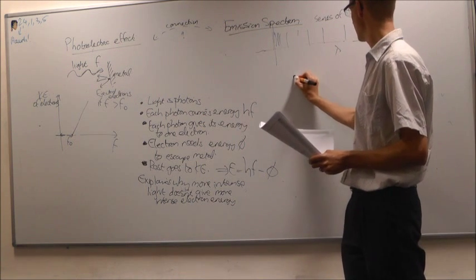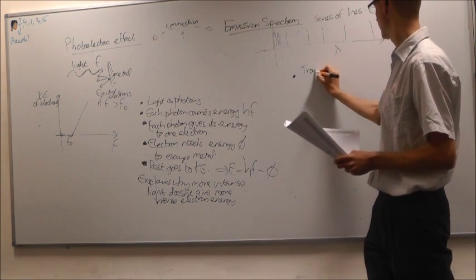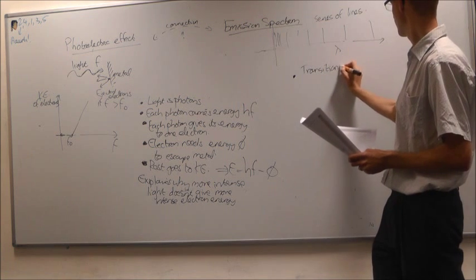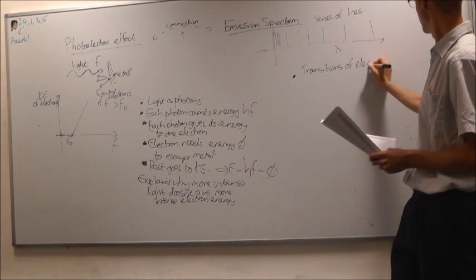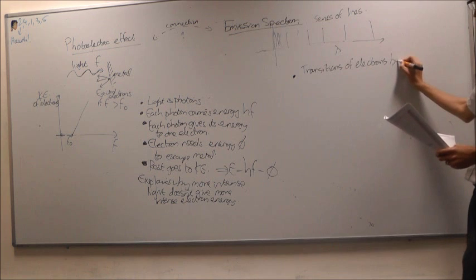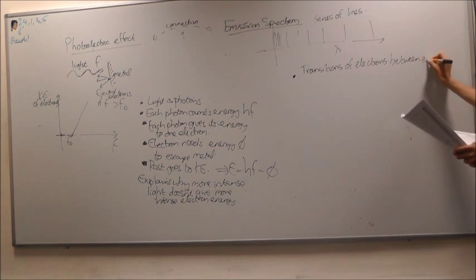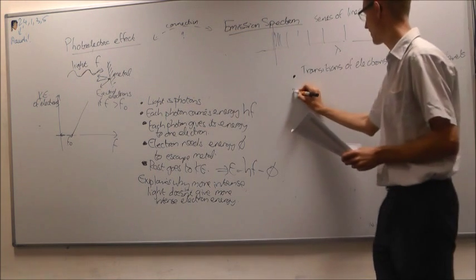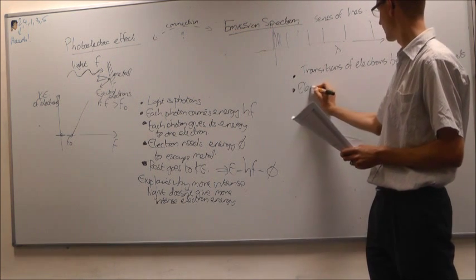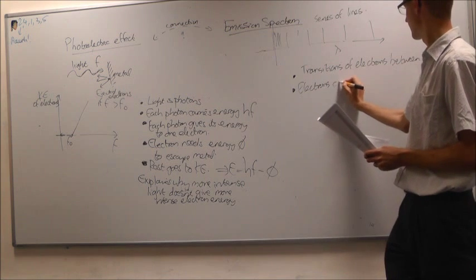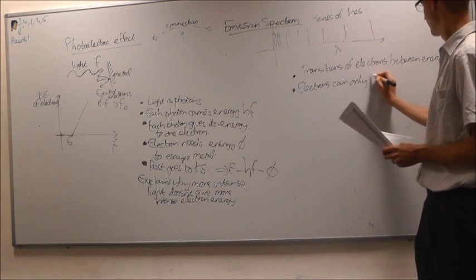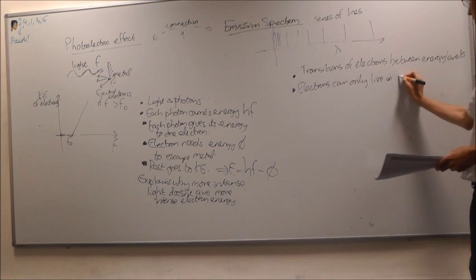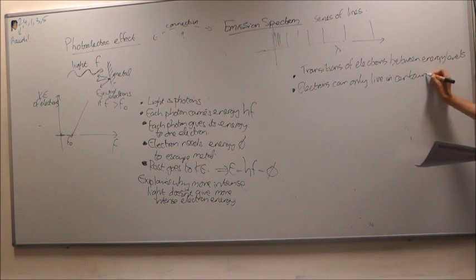So here we're looking at transitions of electrons between energy levels. More fundamentally than that is the fact that electrons can only exist in certain discrete energy levels.